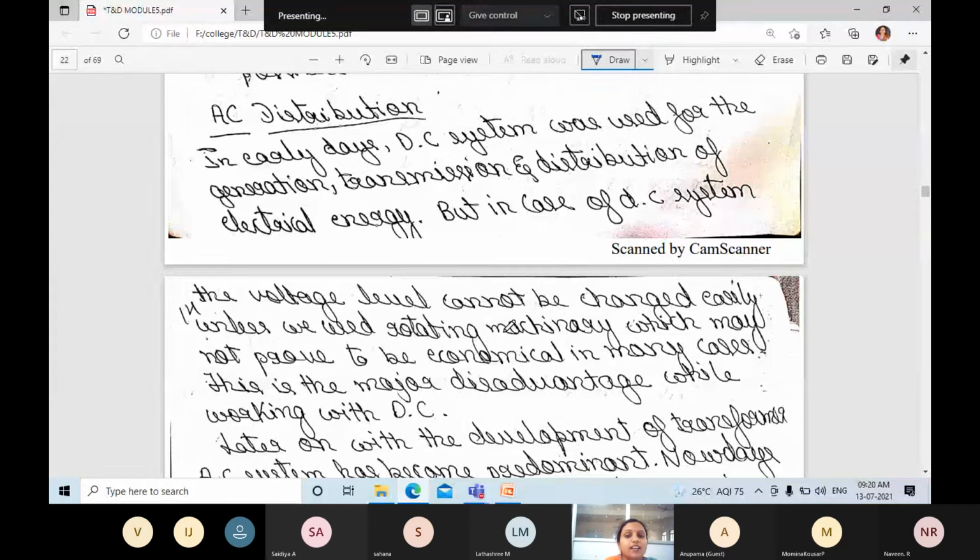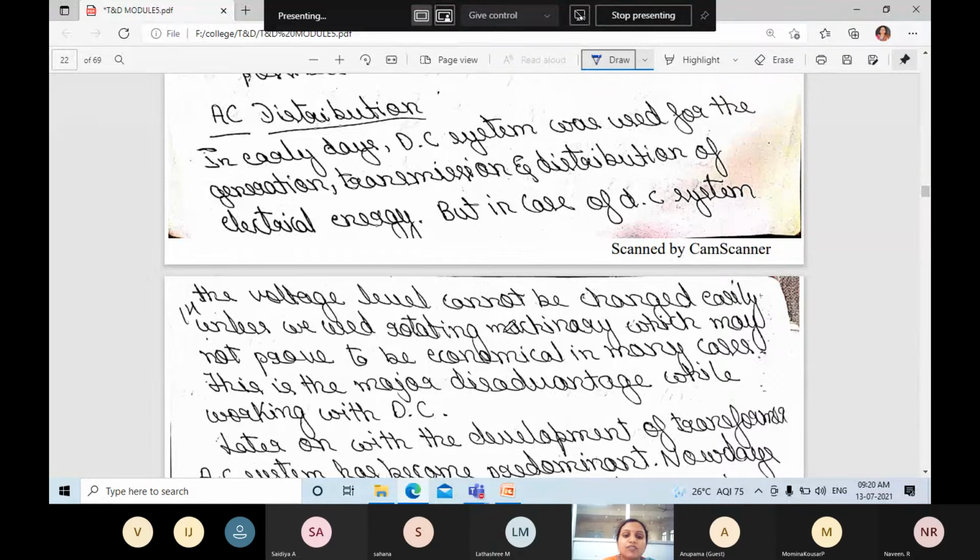What they are saying is that the DC system was used for generation, transmission, and distribution, but it should be economical. In a DC system, we cannot step down or step up the voltage level easily.